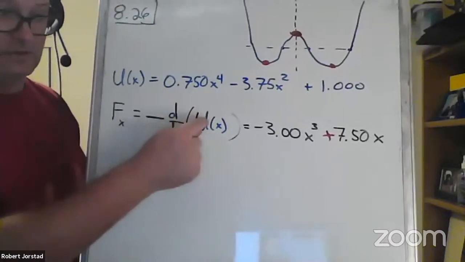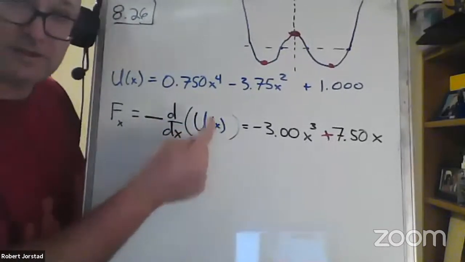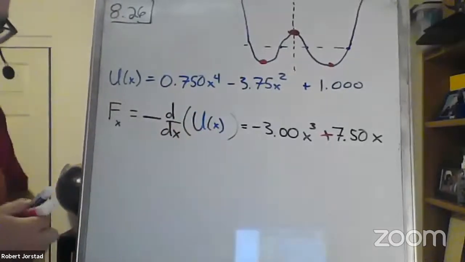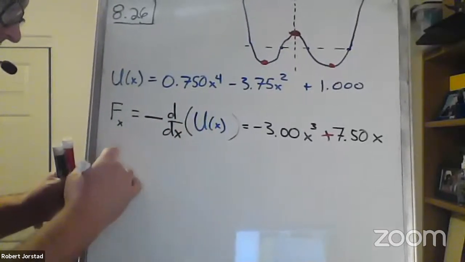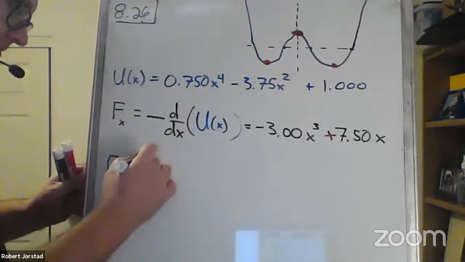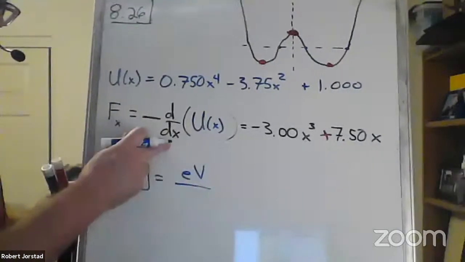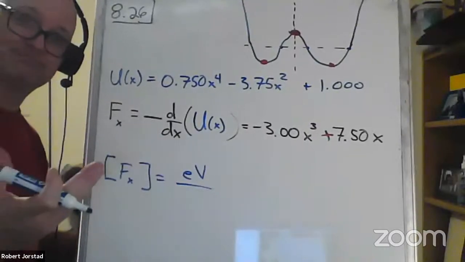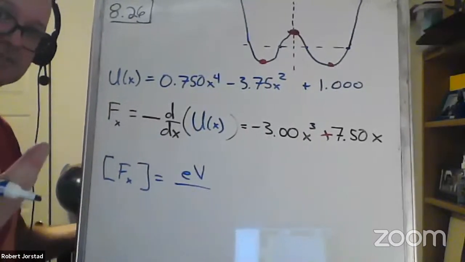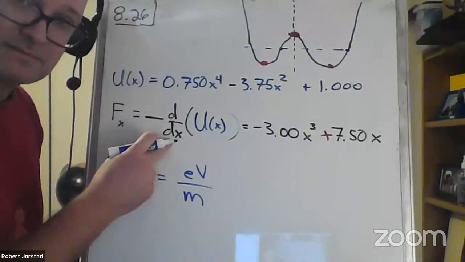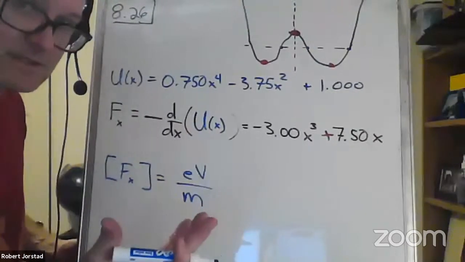It's dU/dx. What were the units of U? We said eV, right? And what are the units of dx? It's an x. So it's just meters. A small change in position must be in units of meters, just like position.